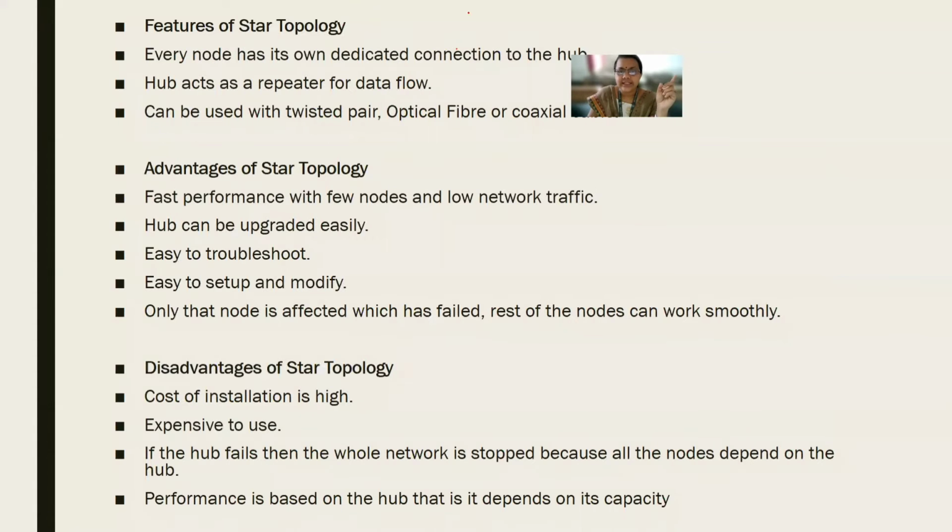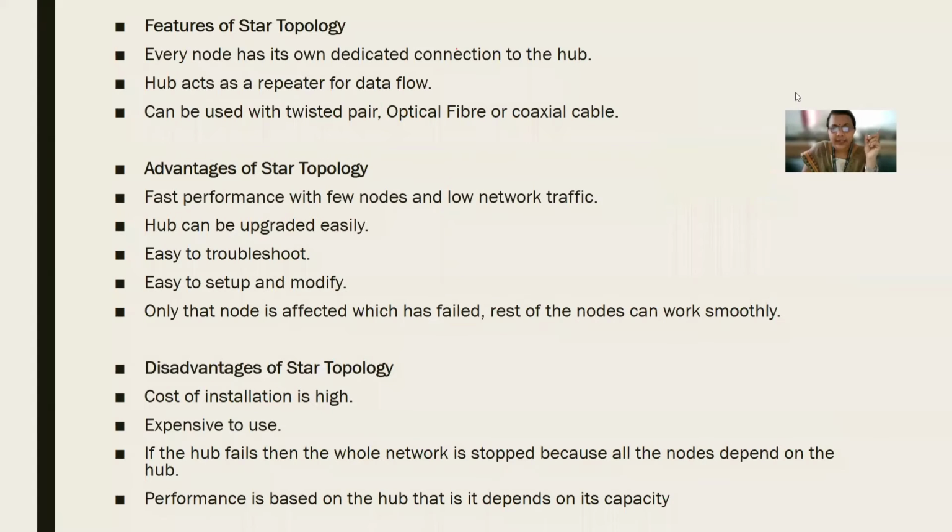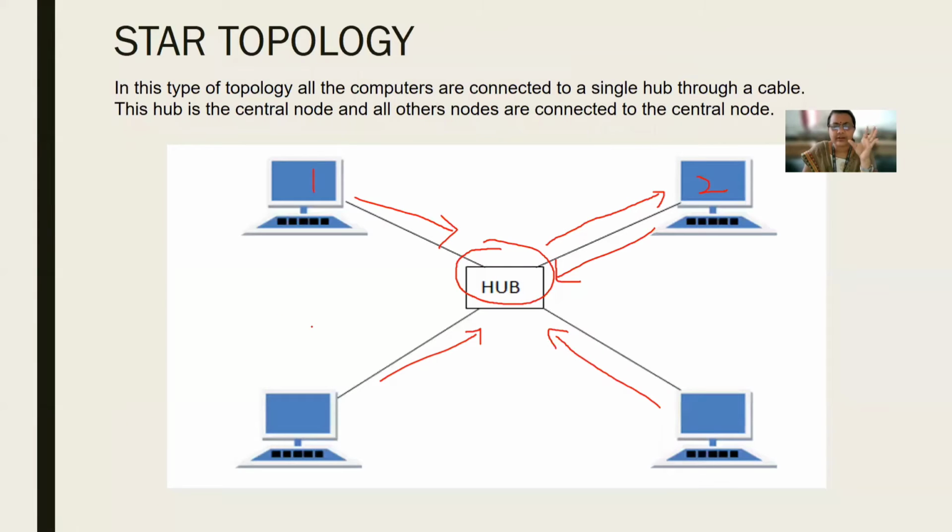Every node has its own dedicated connection to the hub. The hub acts as a repeater for the data flow. In the ring topology, I told you there will be a repeater to boost the signals. But in this case, we need no boosters, because the hub will act as a booster also.